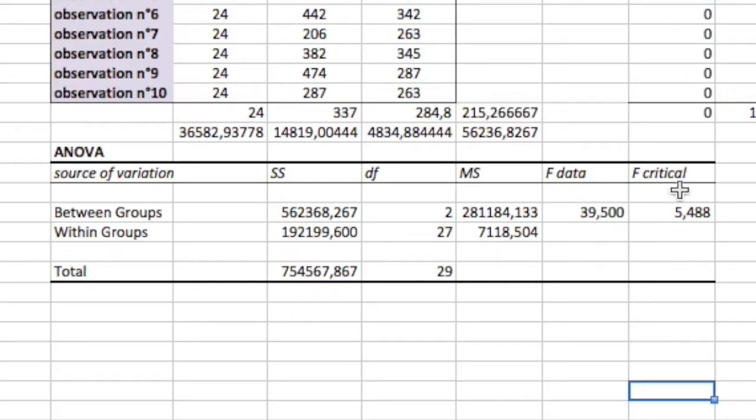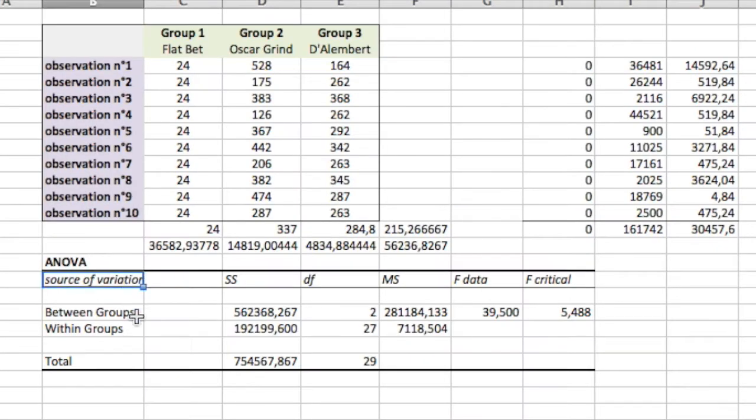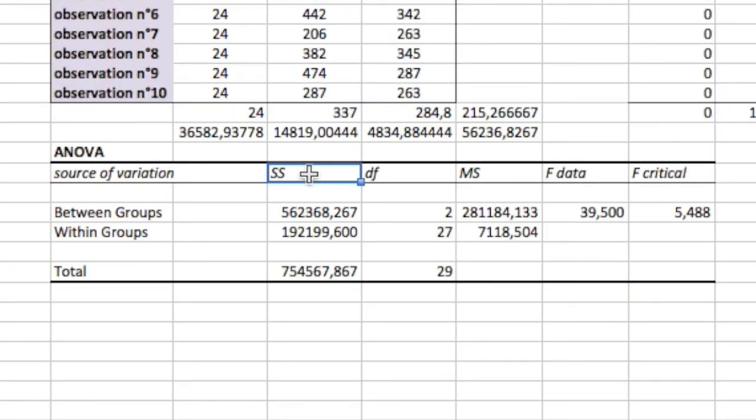So here I did the one-way ANOVA test. Source of variations: between groups, within groups, and then the total. This is the sum of squares between groups, the sum of squares within groups, and the sum of squares total.